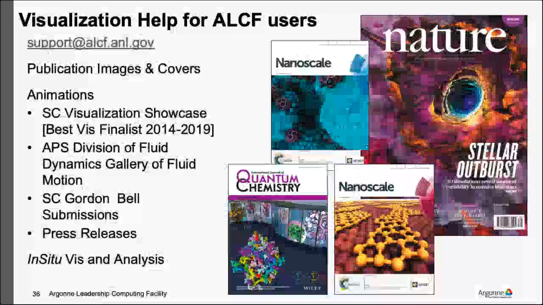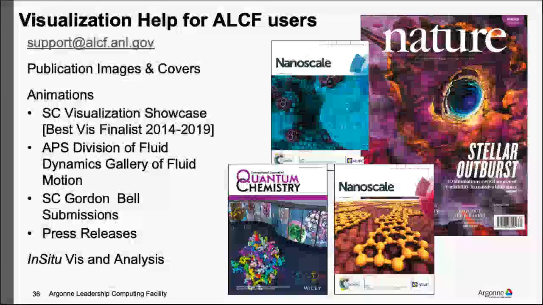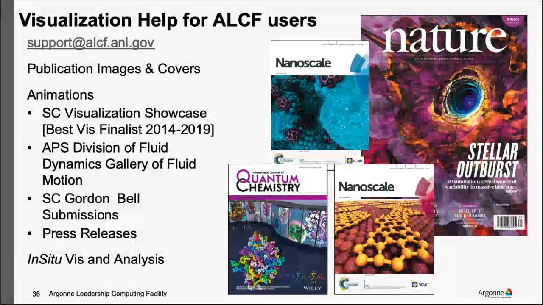You can reach us at support@alcf.anl.gov, and we can help you with all your visualization needs, including covers, like you see here, the cover of Nature. That is something that Joe worked on, and many other covers here. We can also help with all your post hoc basin analysis and also in situ basin analysis, mostly with SENSEI and Ascent.